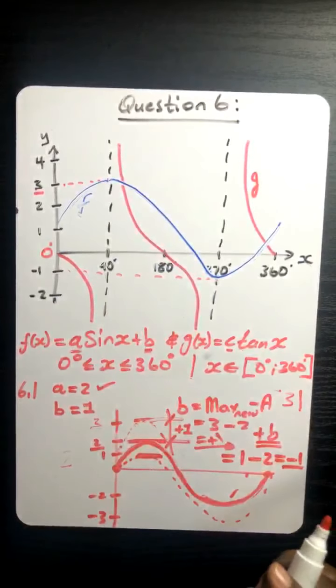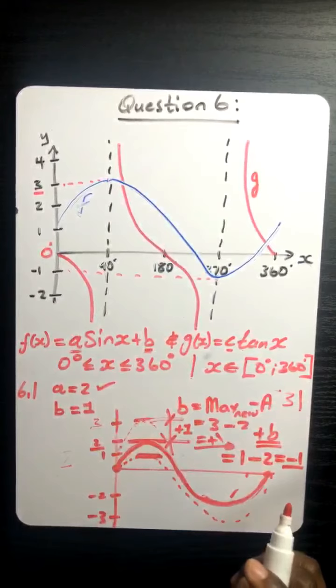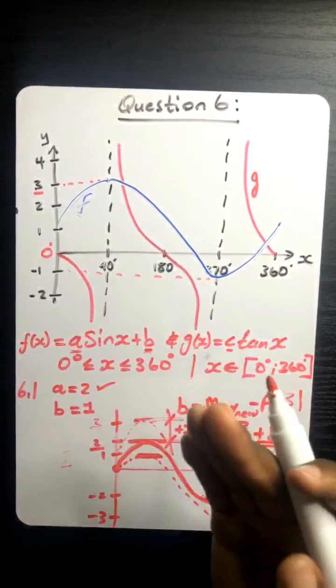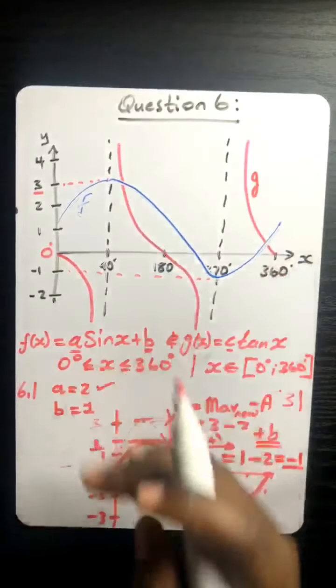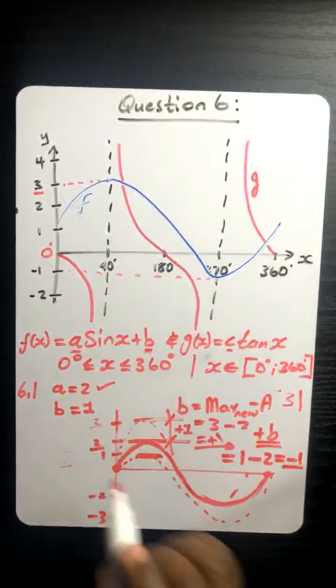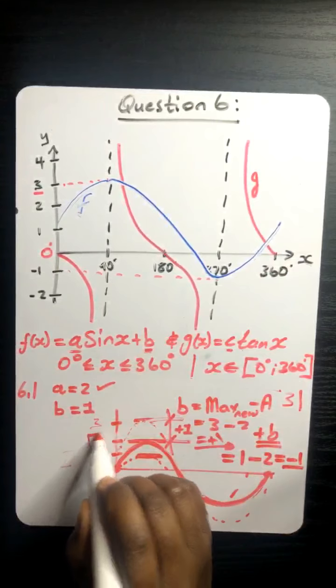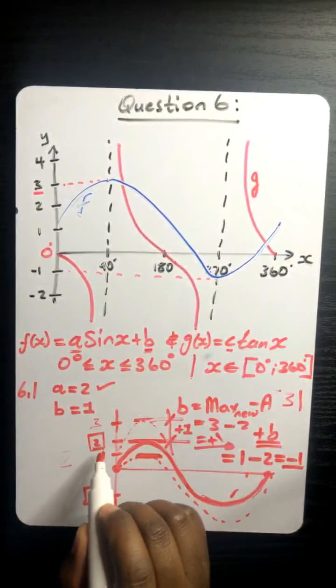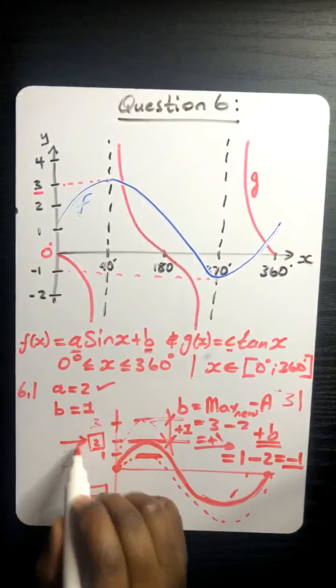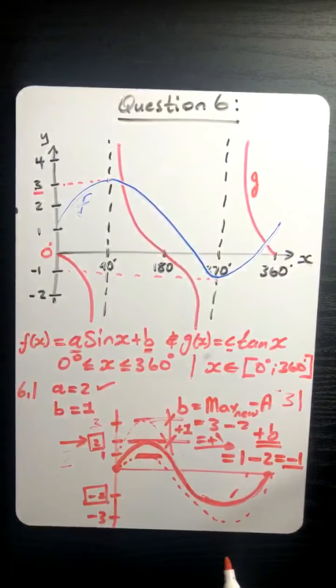You cannot tell by how many units it has shifted before you tell what the amplitude is. The amplitude is that same value for the maximum and the minimum. But what is that value? It's 2. That is the amplitude.